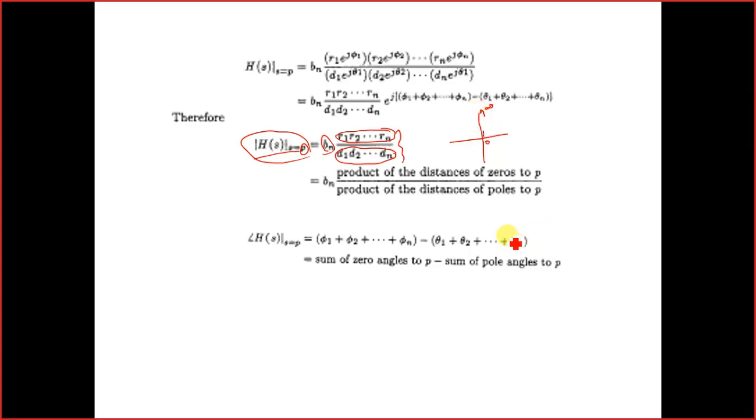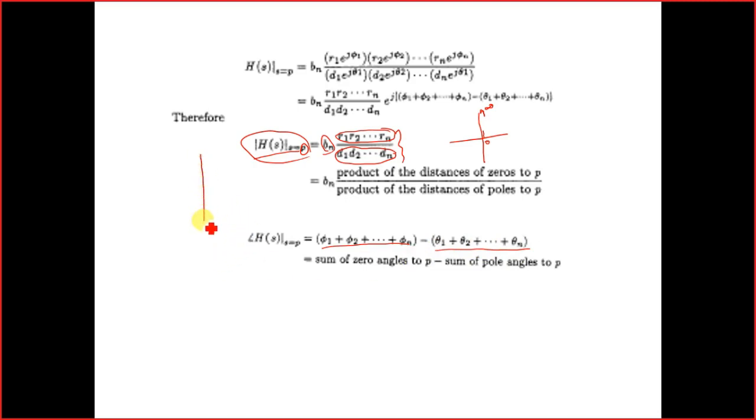on the contrary, when we talk about the phase response of the filter, we have to add up the phases of the zero angles minus the addition of the phase angles of the poles. Okay, and how have we told that we can find out the phase?